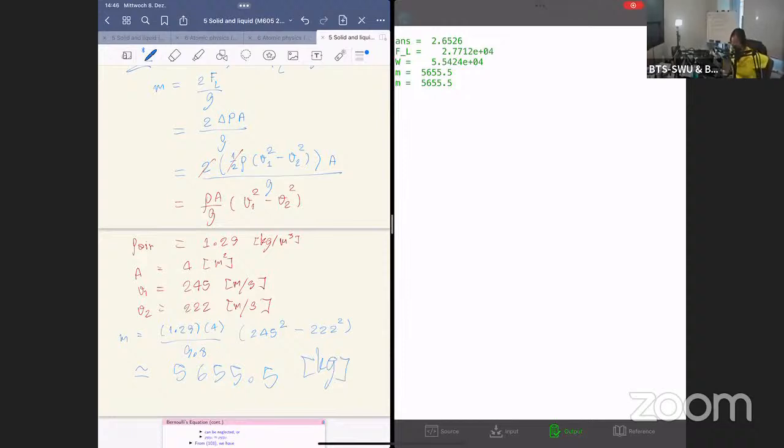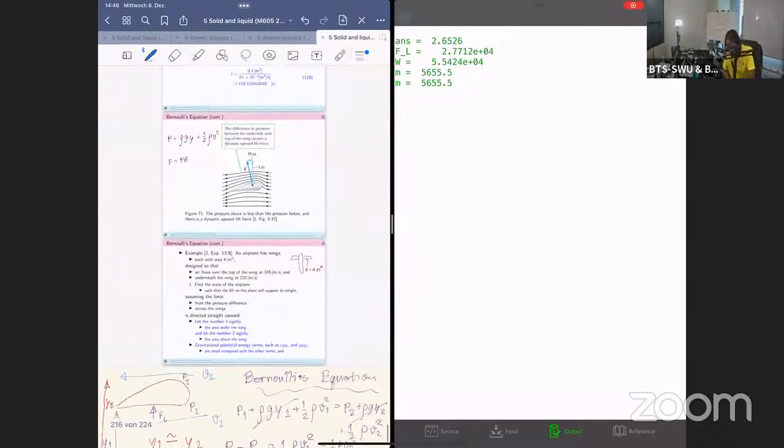So the mass of this airplane is around 5.5 tons, 5.6 tons. You would know now how to solve this problem.